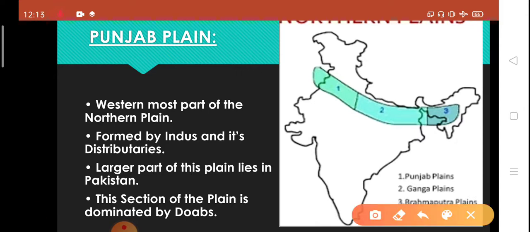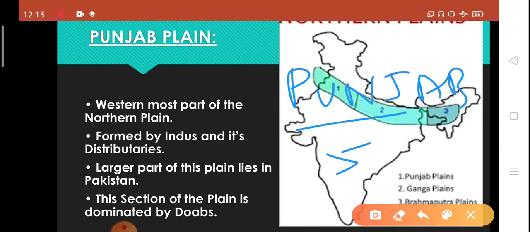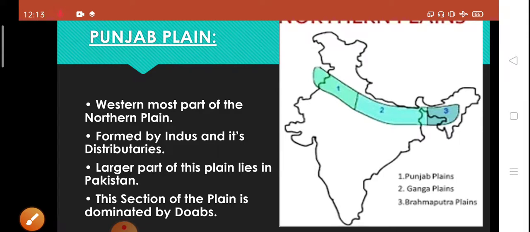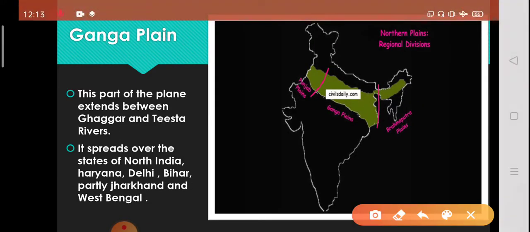Let's say I am writing Punjab here: Panj means 5 and ab means rivers. So Punjab is a land which has majorly 5 rivers, and that is why this area is called the Punjab plain.